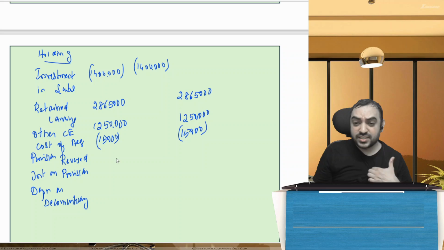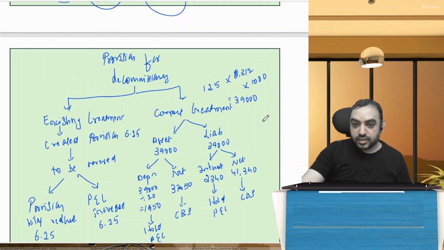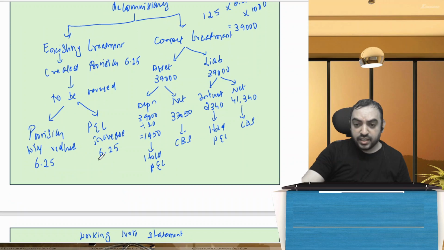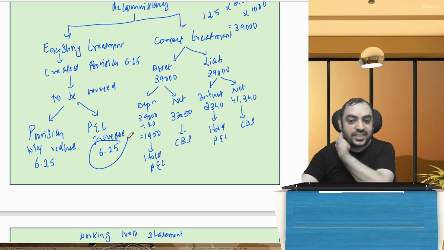So provision reversed, I think 6250 if I remember correctly. So 6,250 is reversed.